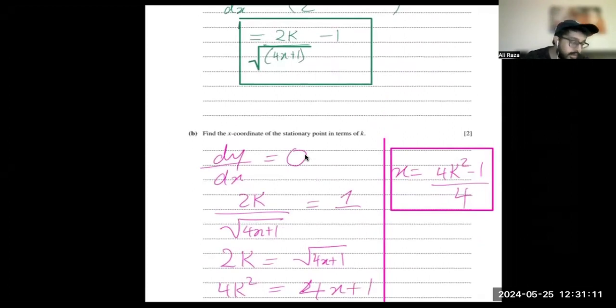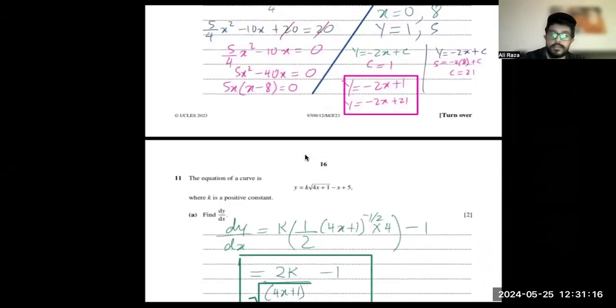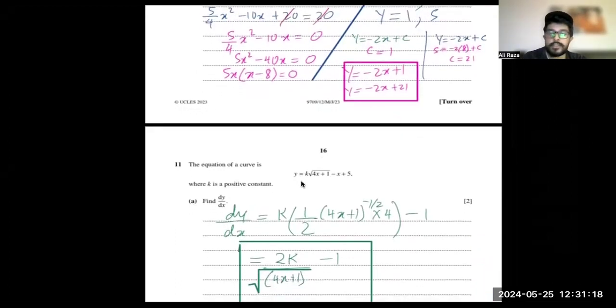Now with x as 12, we can find the y coordinate using the equation. We'll use this equation with the given k value as 10.5 to find the value of y.